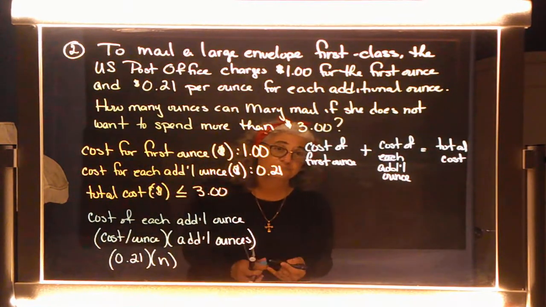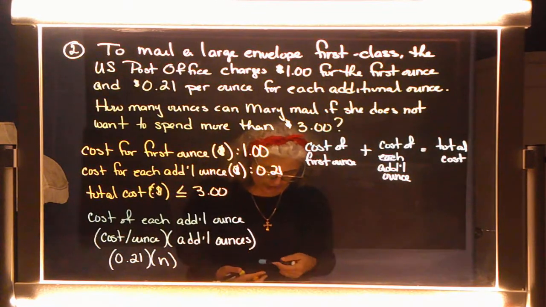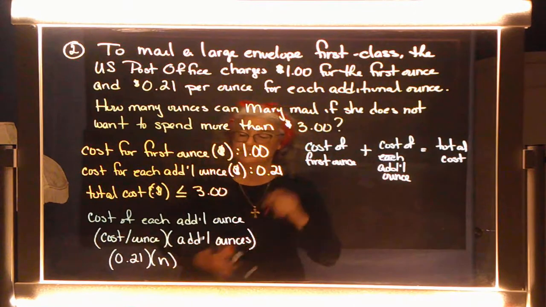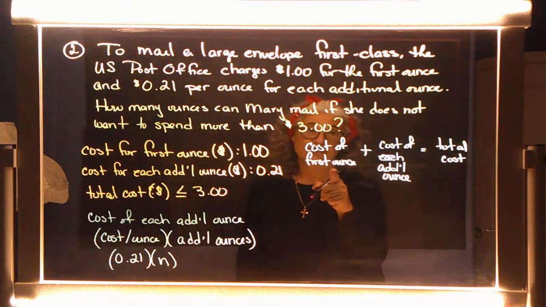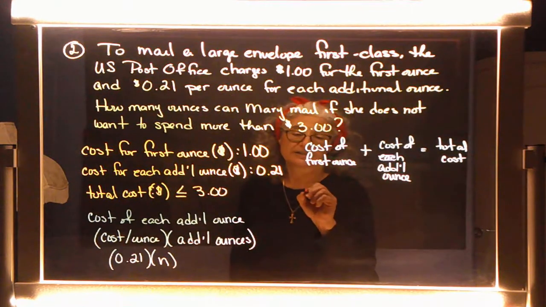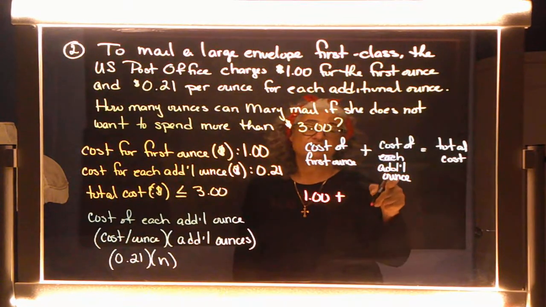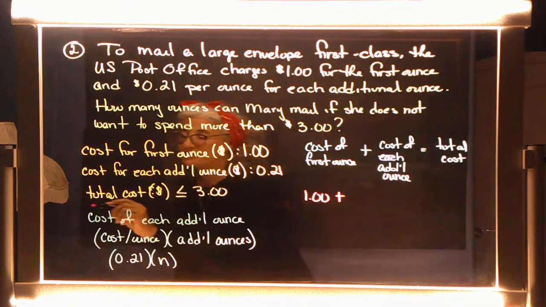Are you with me? Okay. So when I start setting up this problem, I know that I'm going to take the cost of the first ounce. That's $1. I'm going to add to it the cost of each additional ounce. Well, that's what we figured out over here.